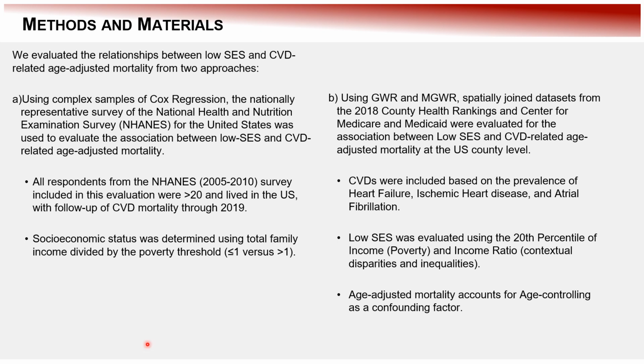Their socioeconomic status was determined using the total family income divided by the poverty threshold, which gave us a scale to measure or compare the ratio where it's smaller or equal to 1 versus when the ratio is higher than 1.